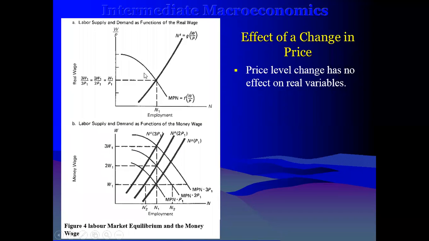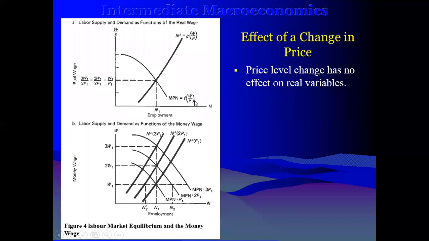Right. So first, we'll use the real wage, with labor demand being a function of real wage. That is the first diagram that we have here. This is our labor demand curve, and this is our supply of labor curve. And as we know, they are all functions of what?